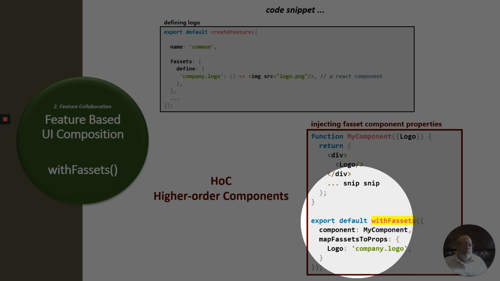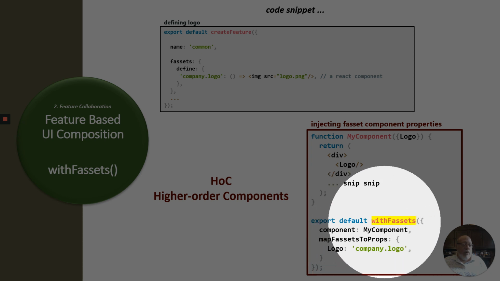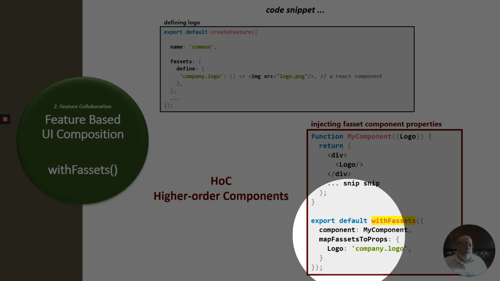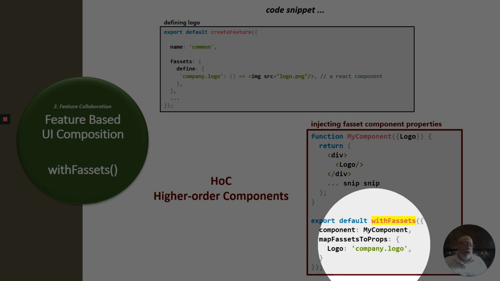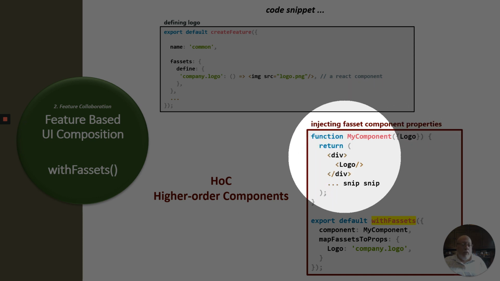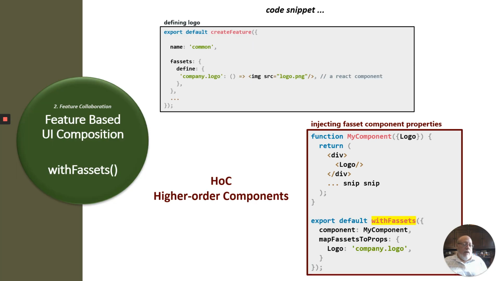So you can see here the withFacets, it's specifying which component it wants to wrap, the MyComponent, and it's got a directive of map facets to properties. It's saying I want to map the company.logo to a logo property. So that's how this logo property is defined. And so knowing that the logo is a React component, we simply instantiate it in our normal standard JSX syntax.